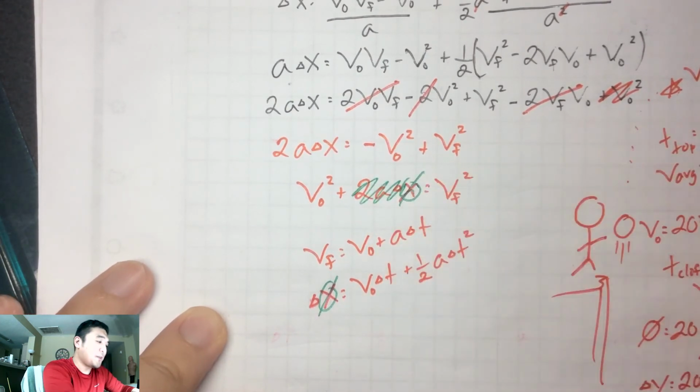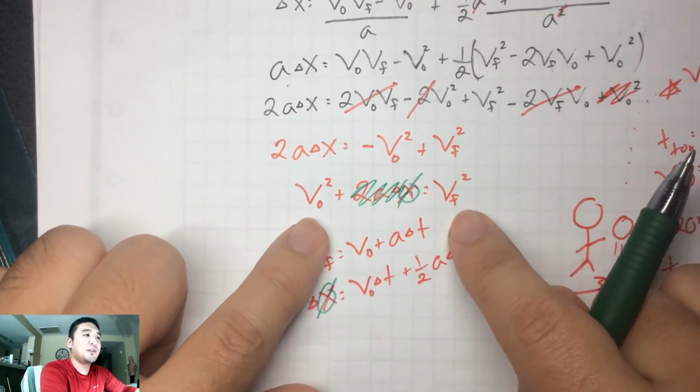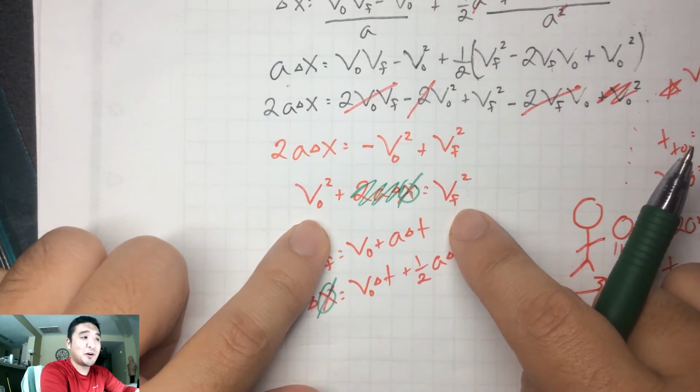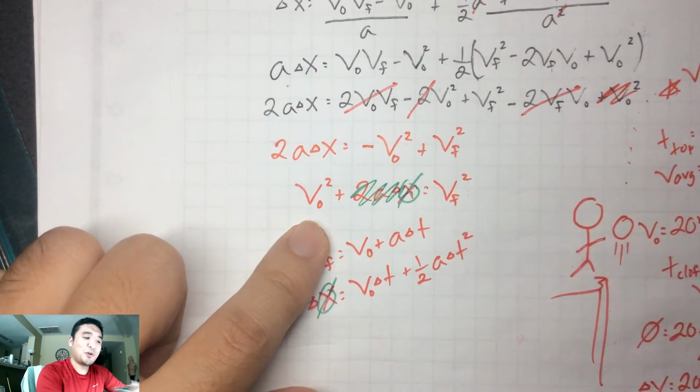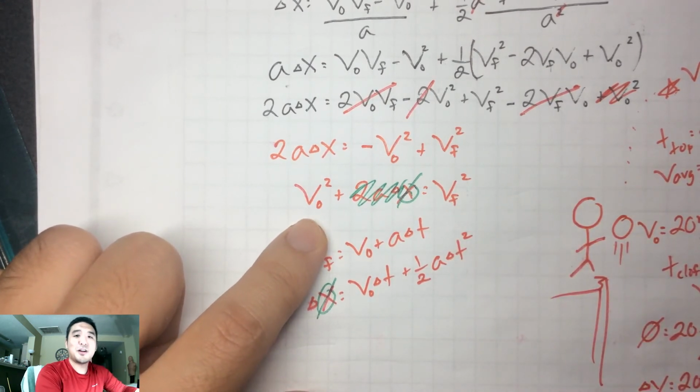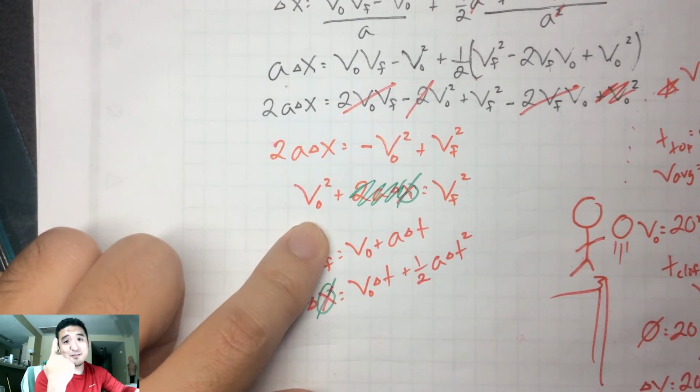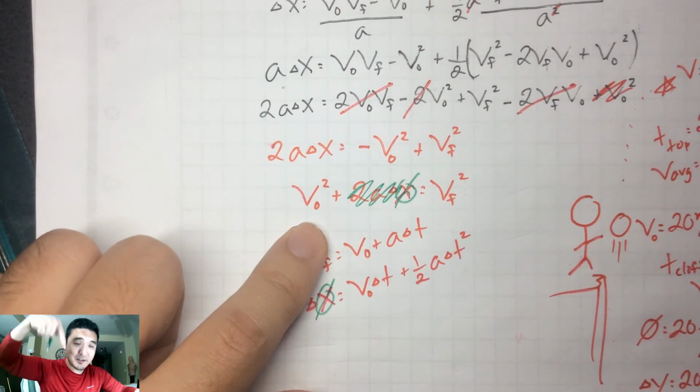So what does this say? This says that the initial velocity squared and the final velocity squared, if your displacement is 0, is the same thing. Okay? But there's one important difference. Our initial velocity was 20. Our final velocity will be 20 that way, right? Because we're coming back down.